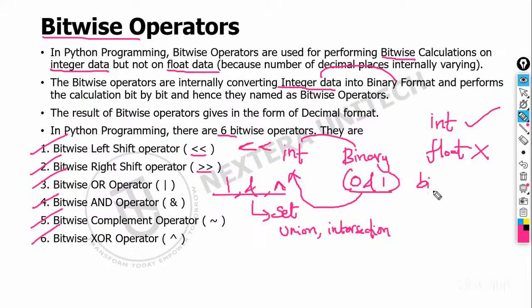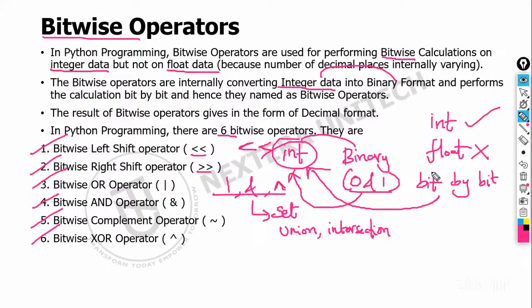Then the bit by bit calculations happen. The output in binary format will be converted back to decimal number system, and that will be returned as output. So this is what happens internally.